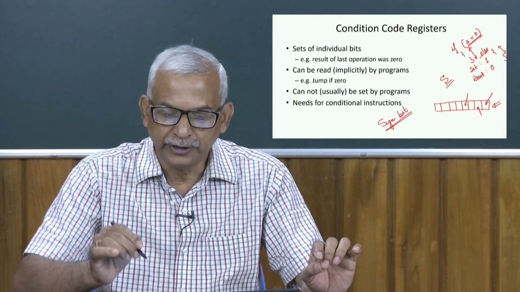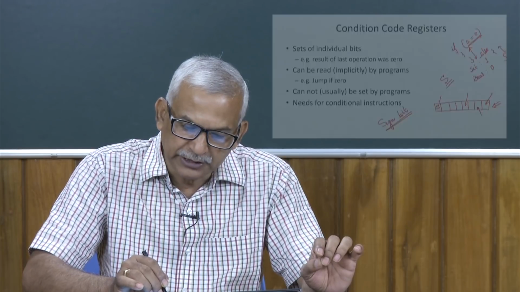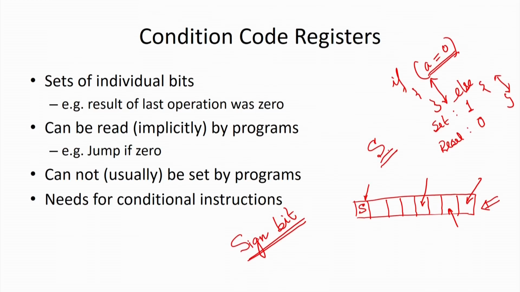That sign bit will be set or reset depending on the result of my ALU operation. If the result is positive, then 0 will be stored. So, 0 indicates positive, and if the result is negative, then we store 1. It indicates that the result coming out from the ALU is a negative one. So, this is one of the condition codes.